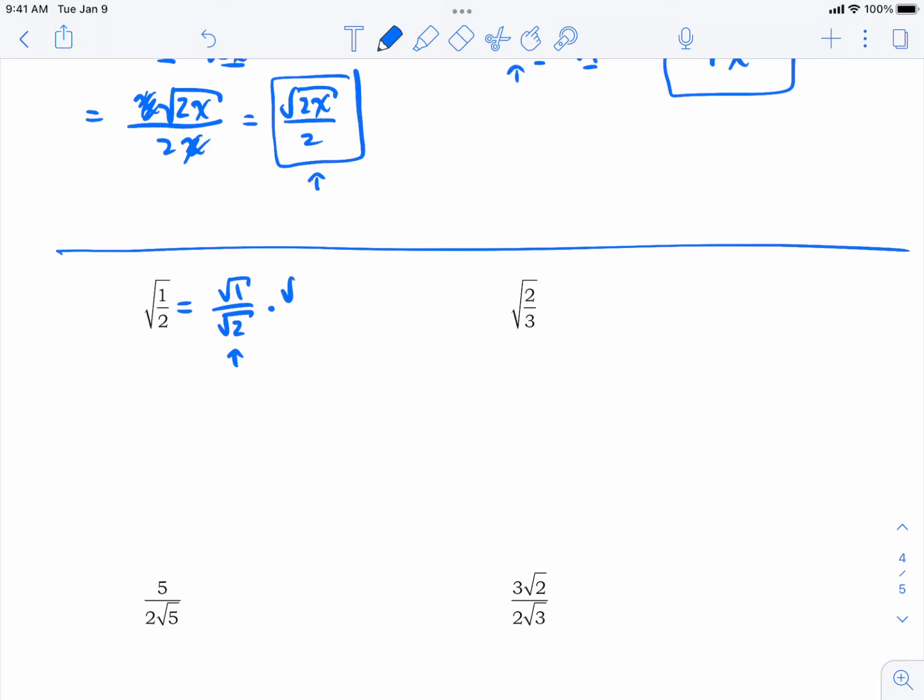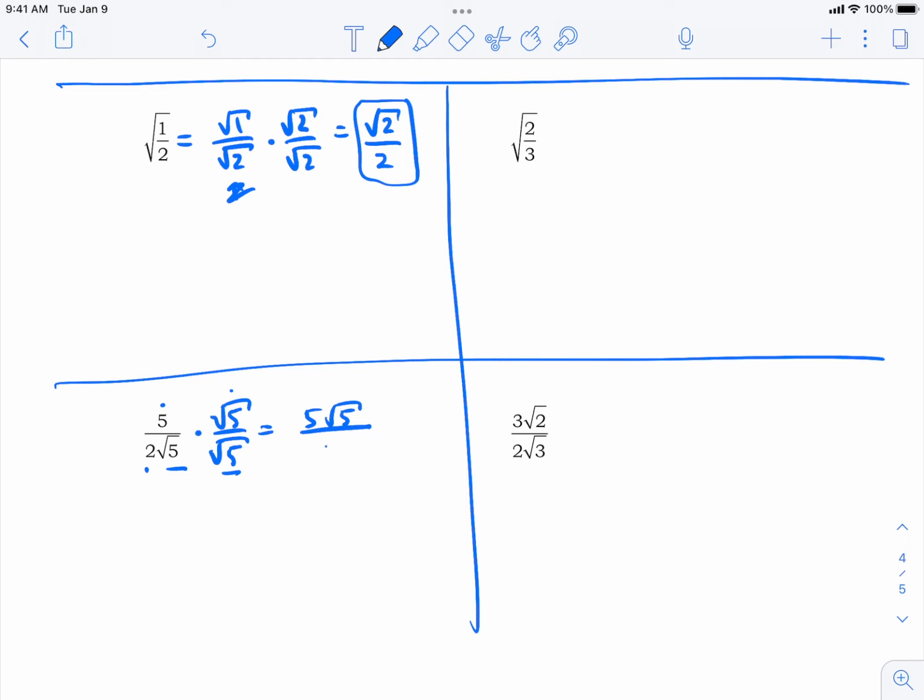Maybe I'll come down to do this one next. This one down here. What I don't like is a radical 5 in the denominator, so I'm going to do this to get rid of it. What's on top? 5 outside times a radical 5. Looks just like that. Down here, now be careful when you put this together. You get radical 5 times radical 5. This is a 5 times a 2.